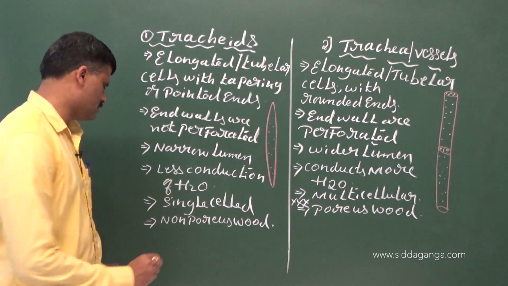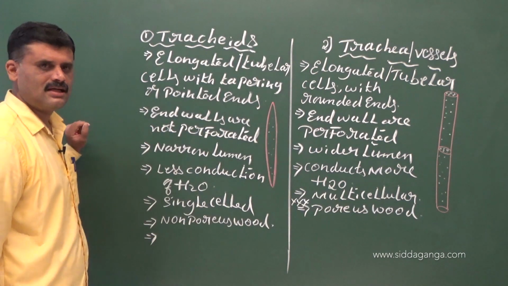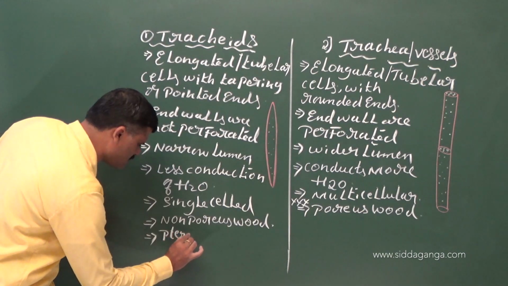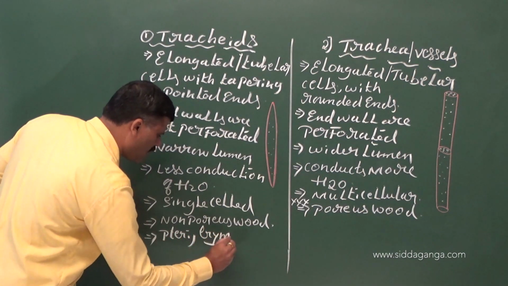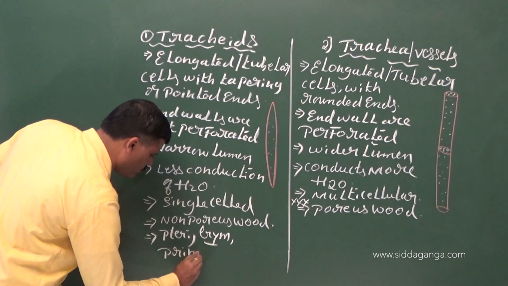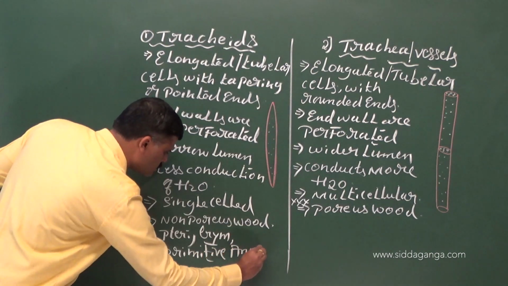Next, the occurrence of tracheids. Tracheids are found in pteridophytes, gymnosperms, and very important, primitive angiosperms.